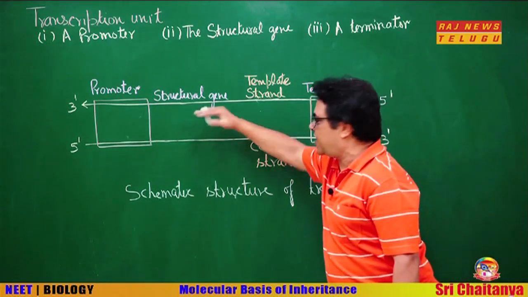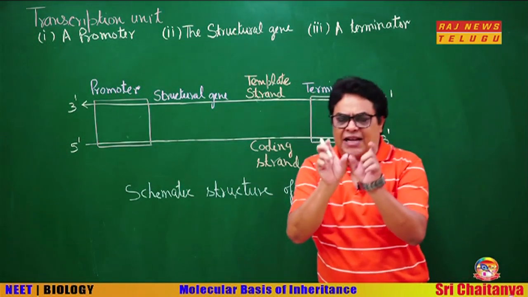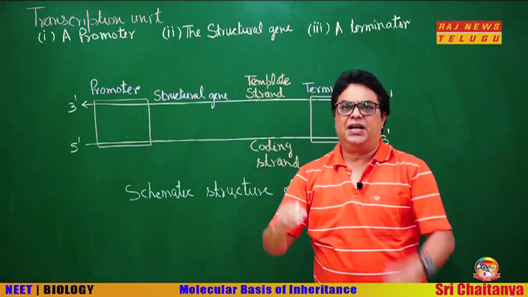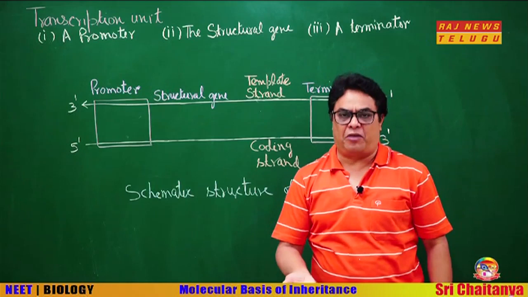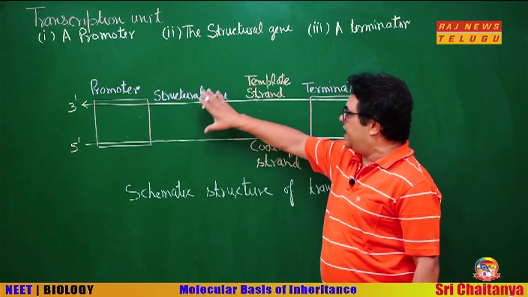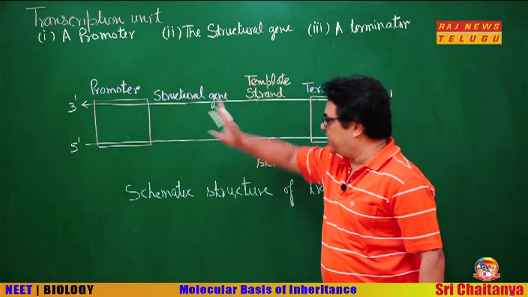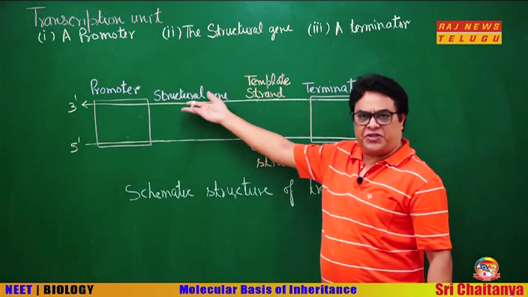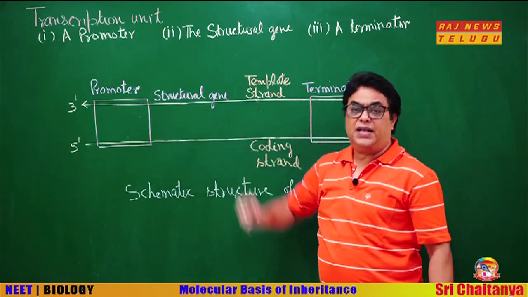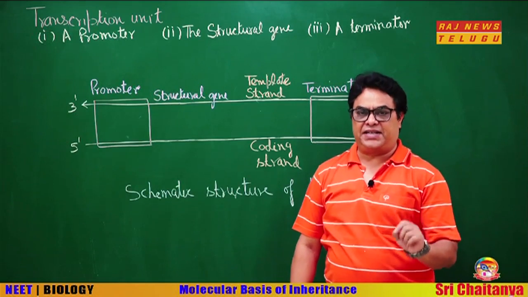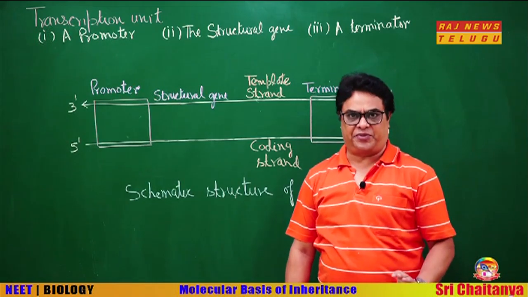Now, coming to the structural gene, that portion of the transcription unit that is actually copied to synthesize the complementary RNA is called the structural gene. This structural gene consists of two strands because DNA is double stranded, but we have said that only one of the two strands participates in the process of transcription.